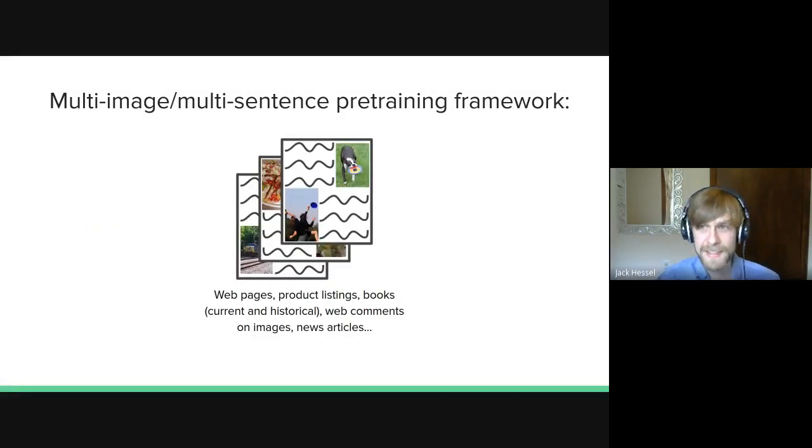But nonetheless, despite this difficulty, we think this is a very promising pre-training framework. If you could learn strong representations in this setting, you could do all sorts of cool things. For one, this setting scales very easily. You can arbitrarily download as many documents of this flavor as you would like. And in particular, this appeal to scale also holds for resource-restricted domains. One domain that I looked at over the course of my PhD for computer vision and natural language processing work that I think is very cool is historical books.